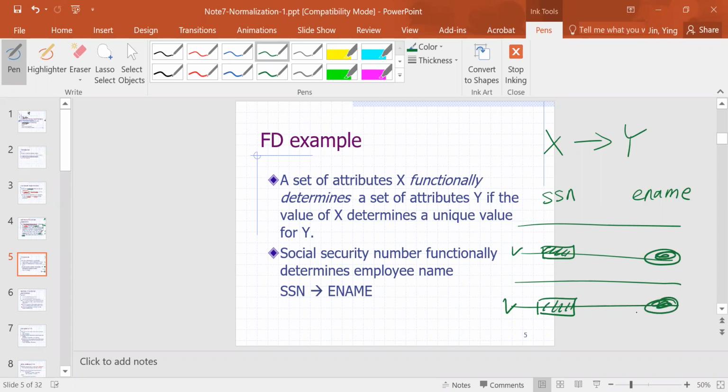If this is true, then we say we have a functional dependency from SSN to ename. This is the definition of functional dependency: the unique value of X, that's SSN, determines the unique value of ename.